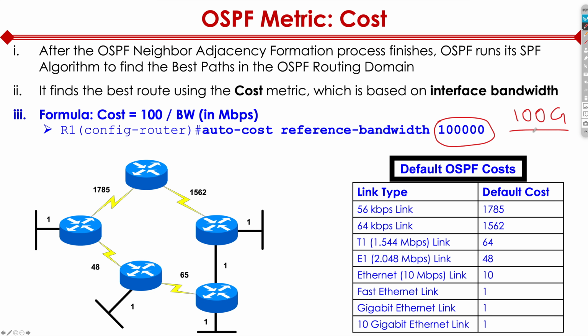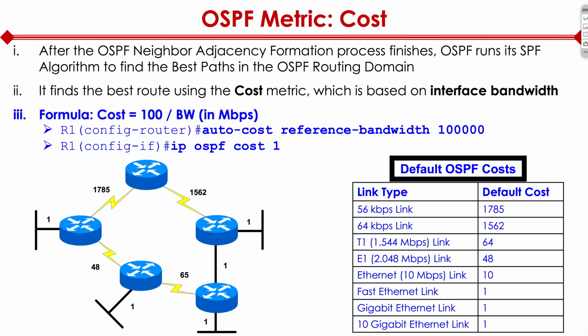The minute we do that, 100 gig becomes a cost of 1, and all the other subsequent bandwidths like 40 gig and 10 gig will have higher costs than 100 gig, and this will truly reflect what our environment looks like. Remember, OSPF has been around since the 1980s. This is where these values are coming from, and we'll have to make changes for this to work.